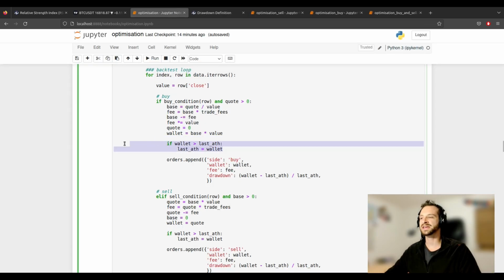So in this case, by computing the drawdown using the last all-time high, the drawdown that we're computing is the worst possible drawdown. In other words, the largest drop your wallet has undergone during the backtest. You must understand that this is quite an important quantity to know when you're testing a strategy, because a strategy that tends to give you very large drawdowns can be quite risky.